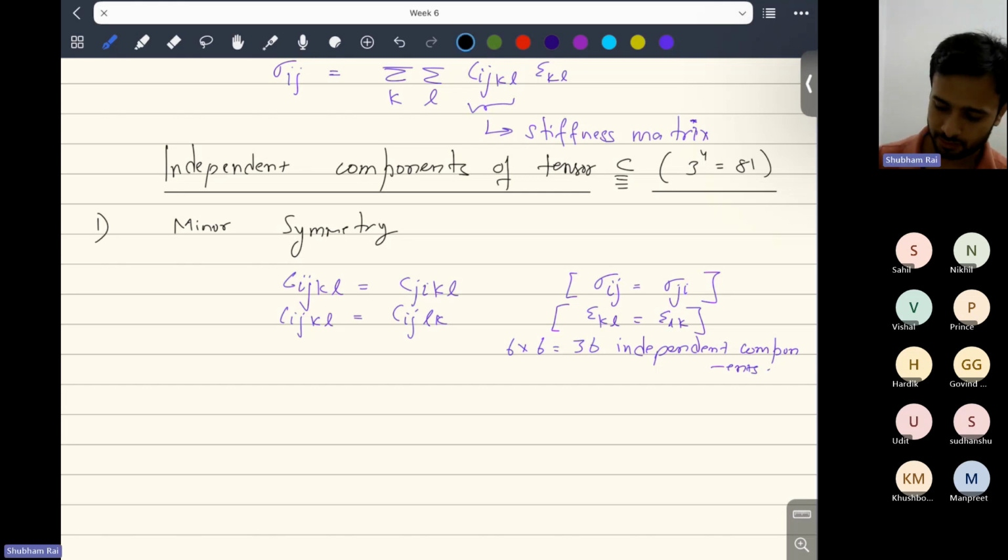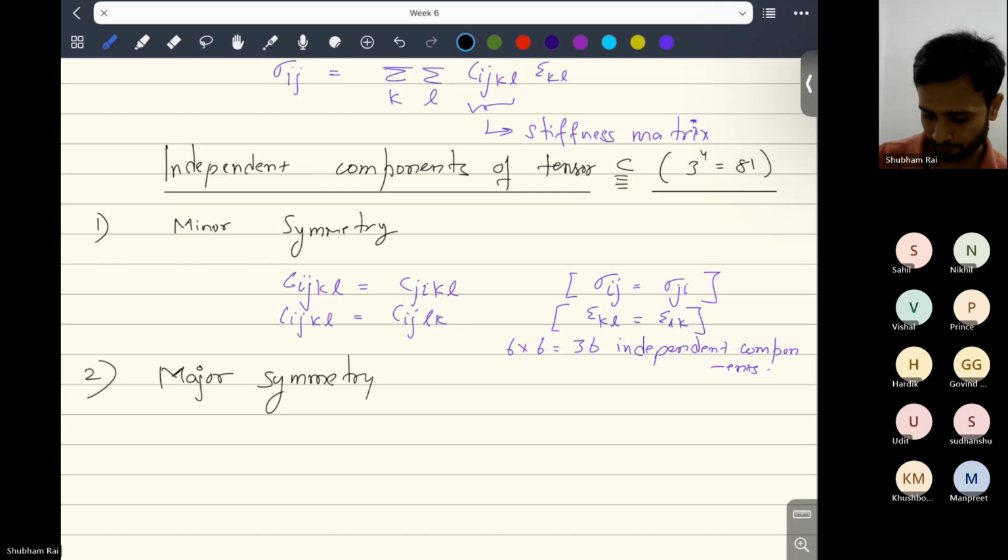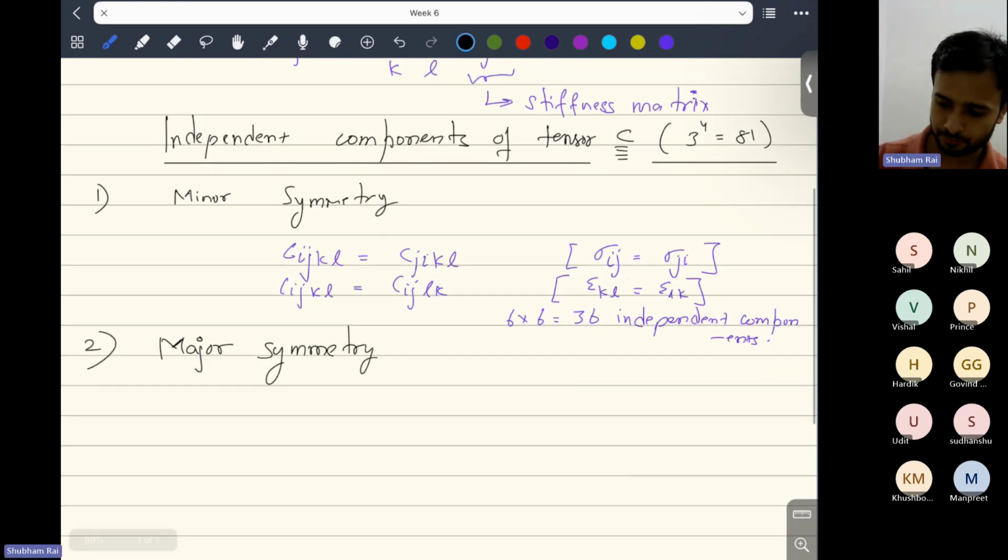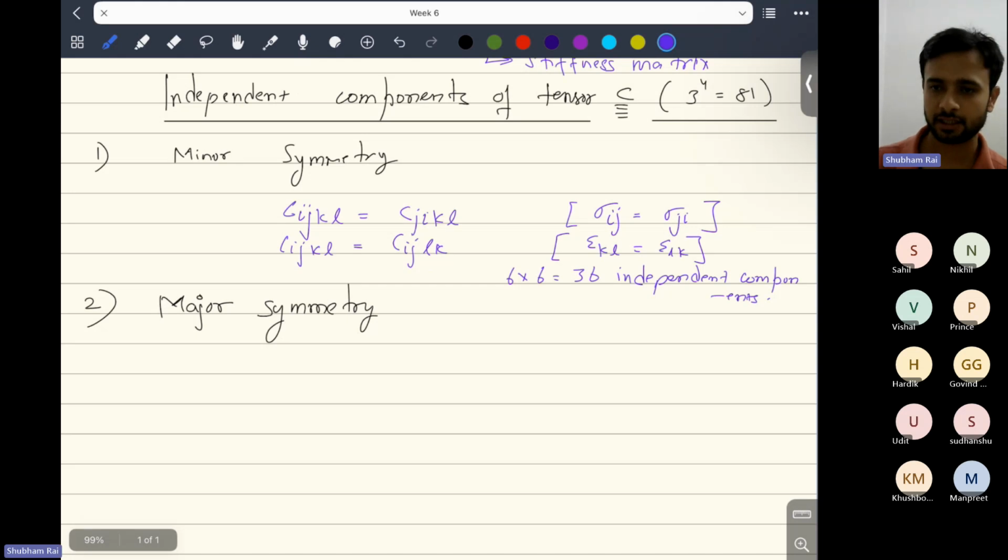Then you have major symmetry also, and major symmetry comes from energy considerations. I'm just writing it directly, because you can refer to the lectures if you want to go into the detail of the derivation of why this major symmetry exists for the elastic constitutive matrix.